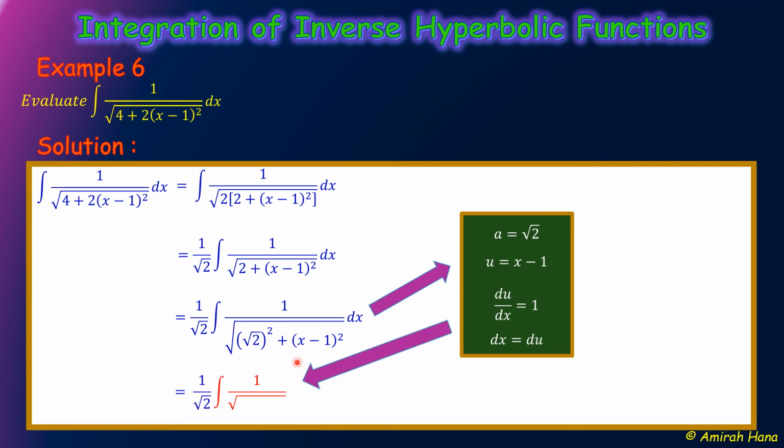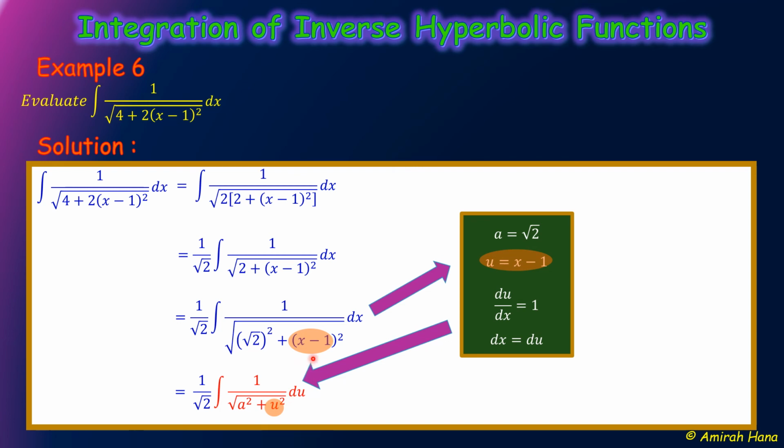And after that, we rewrite the question in terms of a, u, and du. So from here, we still have the constant 1 over root 2 outside the integration sign. And then we write root 2 equals a, because from here we have a equals root 2.